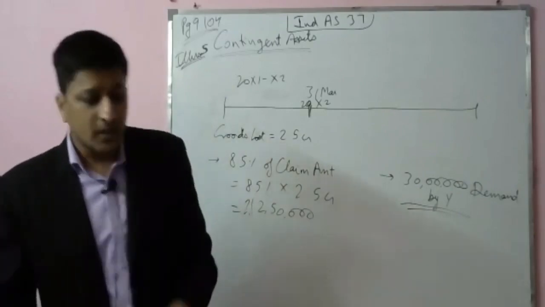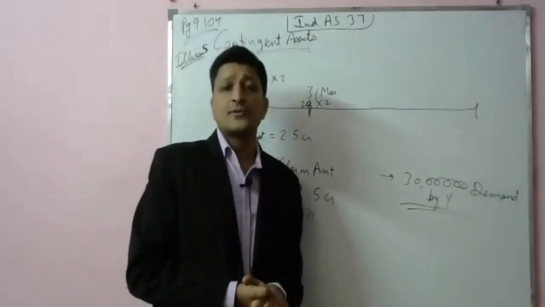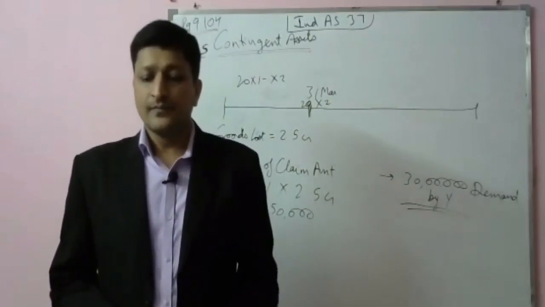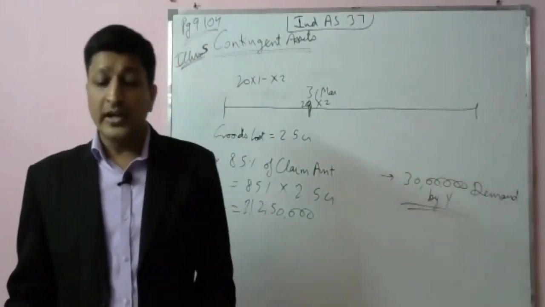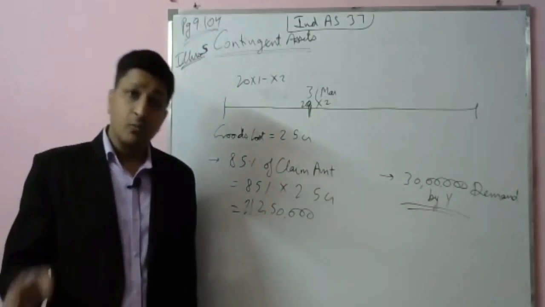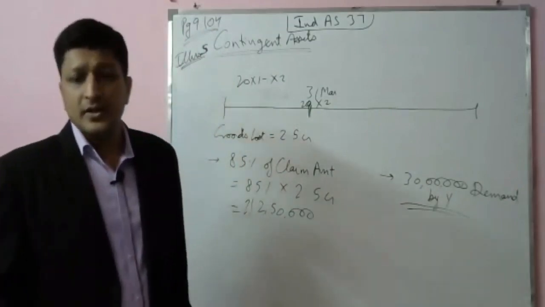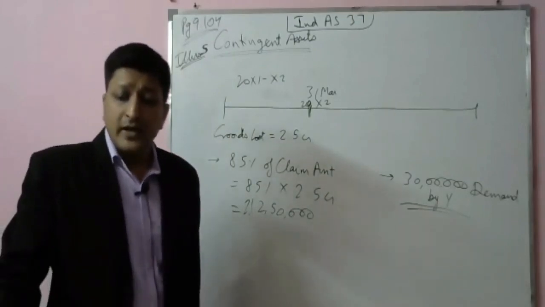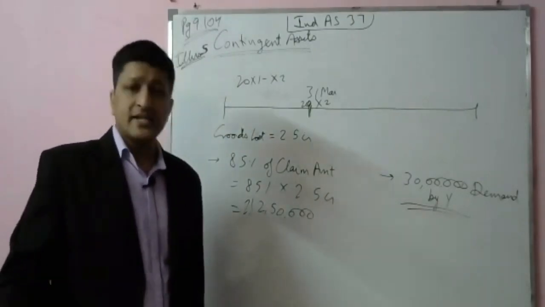Please remember the terms that you use in the exam. Also, you can make a mistake. Contingent assets are not recognized. Contingent assets are only disclosed. The moment you recognize it, it will not remain contingent. Vijay is saying 2.125 crore is a contingent asset which needs to be disclosed.